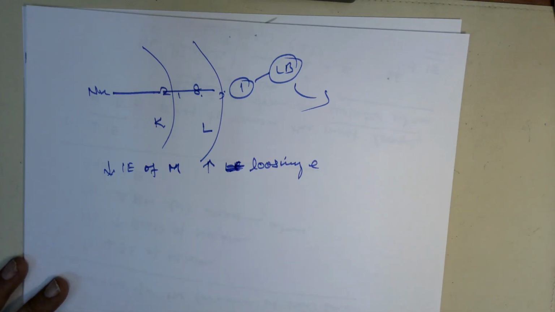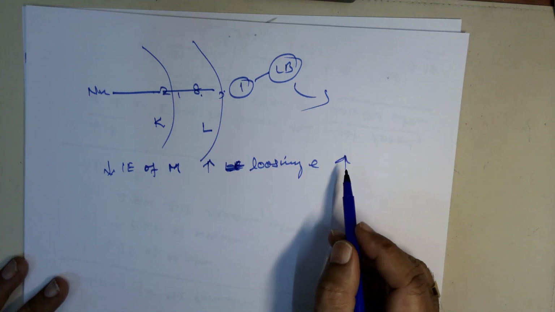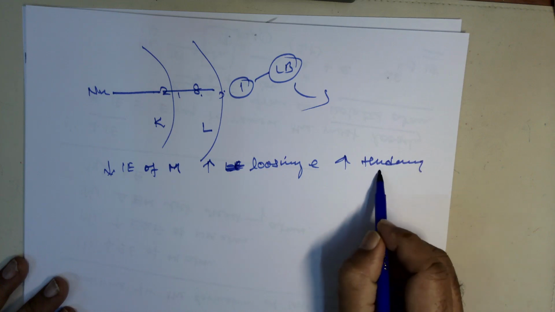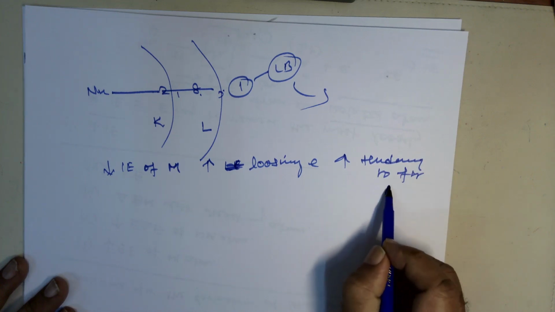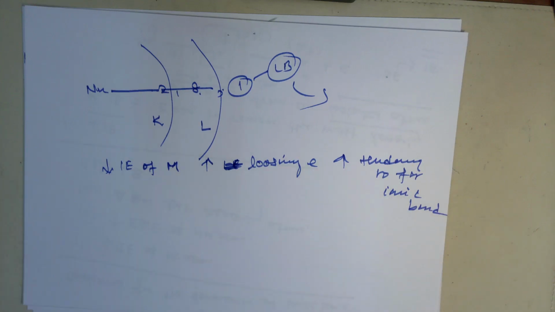So greater will be the tendency to form an ionic bond, and thereby it becomes a cation also. Are you able to understand this point?